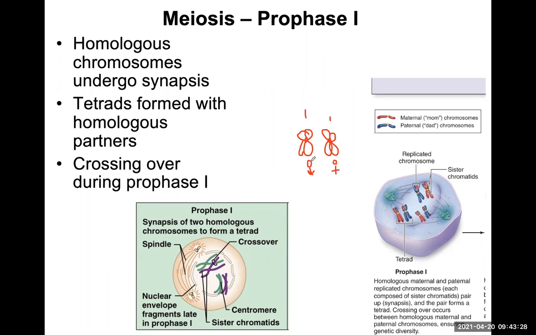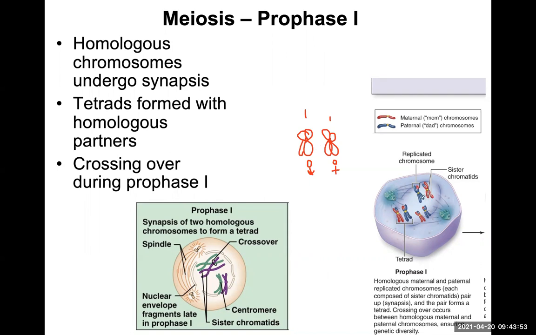What happens during synapsis is you get the formation of this tetrad, and the eye color allele that's on dad's chromosome trades places with the allele for eye color on mom's chromosome. So they swap genetic information. They start to scramble up the genetic information during prophase.